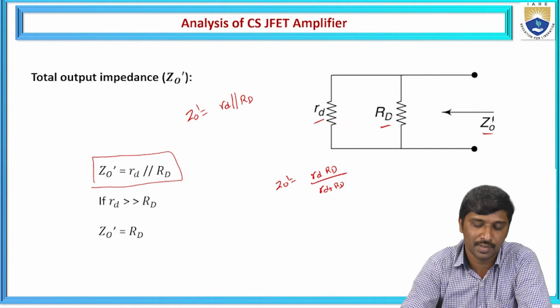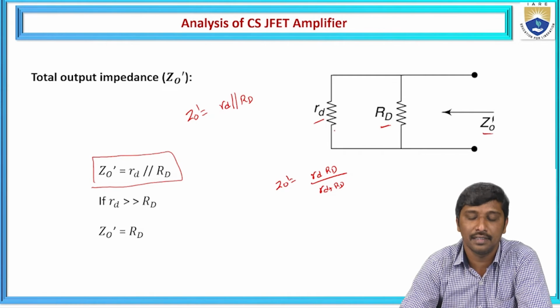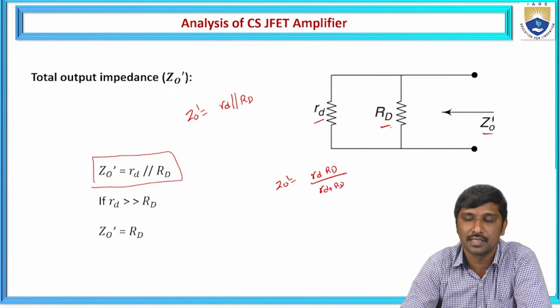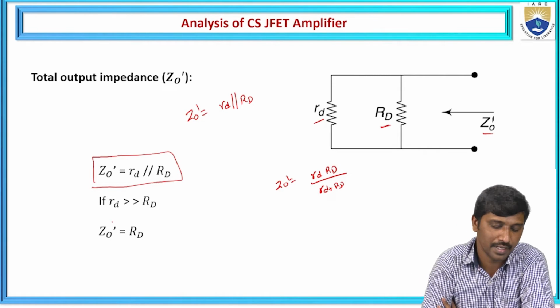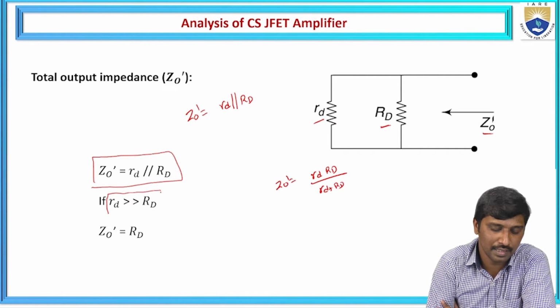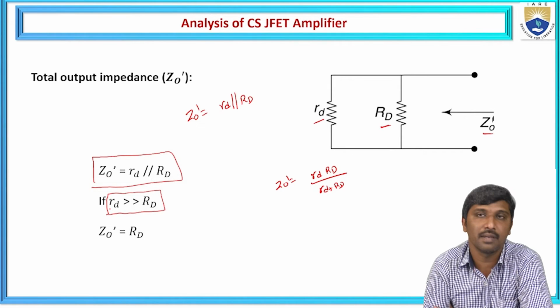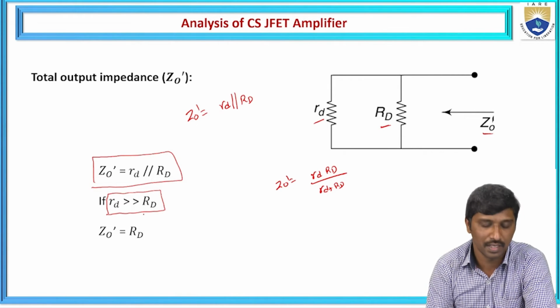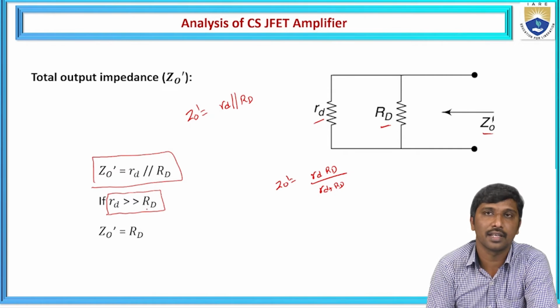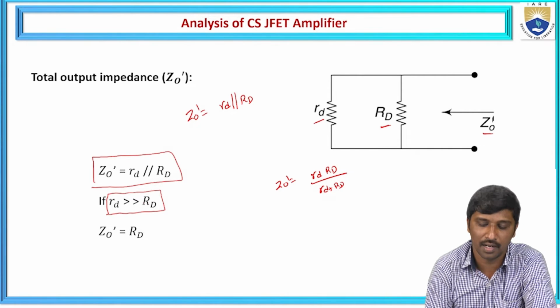Hence we need to make an assumption. We have two resistances here: one is the internal AC or drain resistance, and one is the external load resistance. To allow the maximum current towards the external load resistance, the internal drain resistance must be much greater than the external load resistance, capital RD.